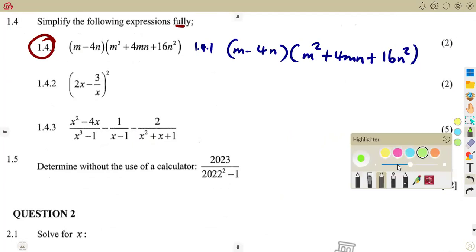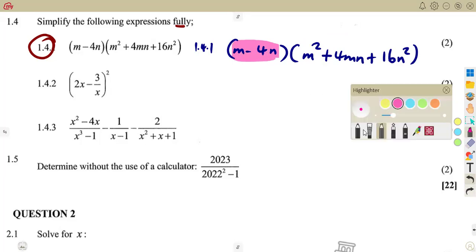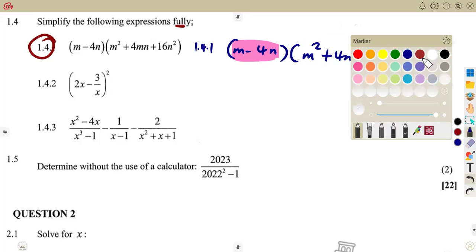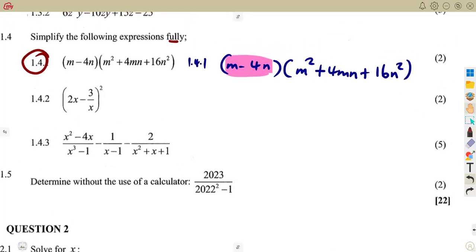There are two brackets, so we can take the first bracket here to expand everything in the second bracket. All right. So we're going to take this one with two terms where we have a binomial to expand this trinomial in the other bracket. All right. So here, m multiplies everything. The minus 4n does the same, multiplies everything.